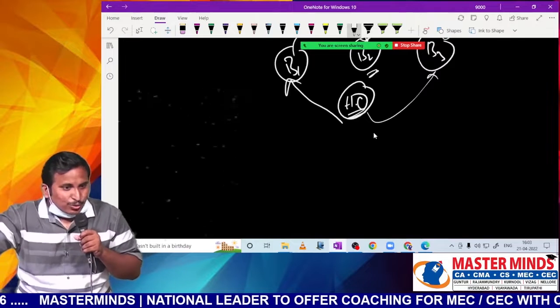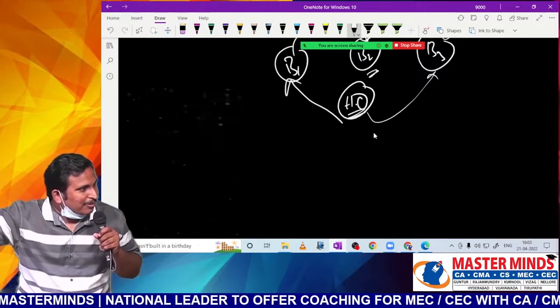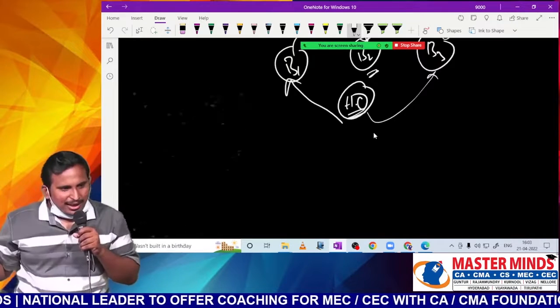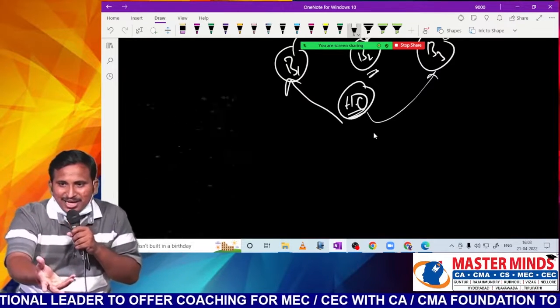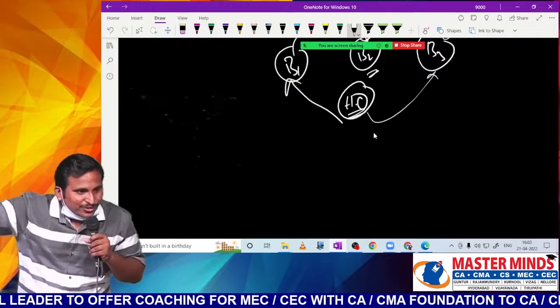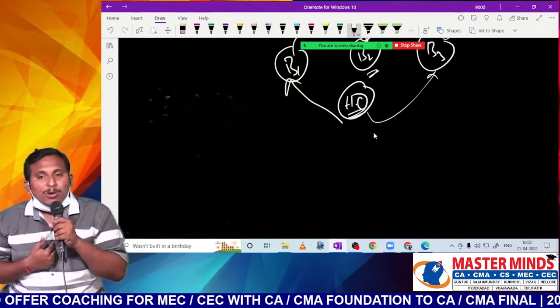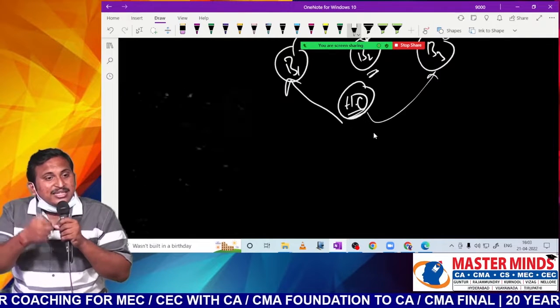One branch requires goods immediately for selling to a particular person, then you cannot wait for head office. Sometimes a particular branch requires cash, and you cannot wait for head office to send the cash. Branch transactions may happen. But the problem for head office is that branches are cheating head office.